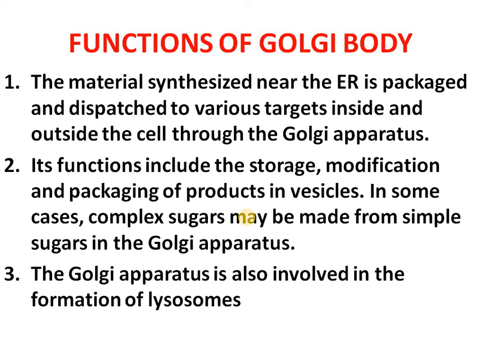In some cases complex sugar may be made from simple sugars in the Golgi apparatus. The Golgi apparatus is also involved in the formation of lysosomes. Means the Golgi apparatus also helps in the formation of lysosomes, which are known as the suicidal bags of the cell.